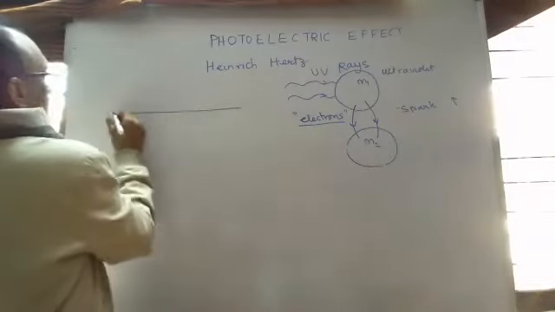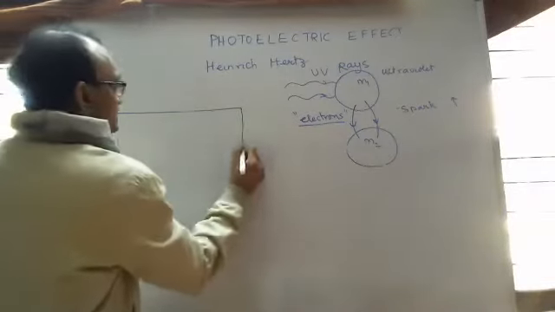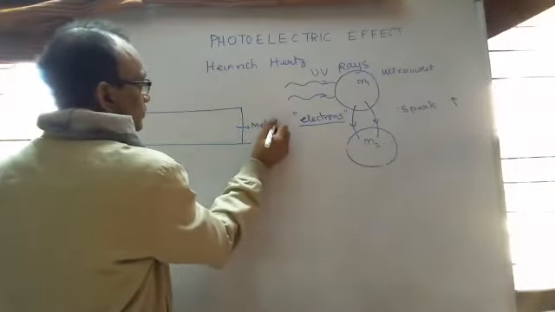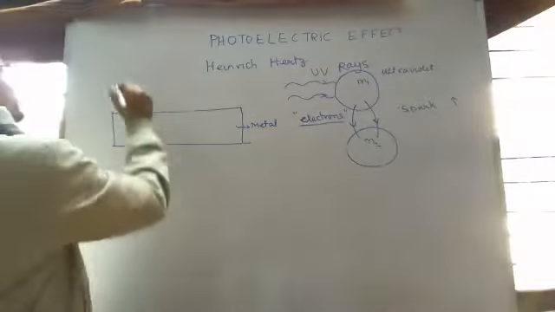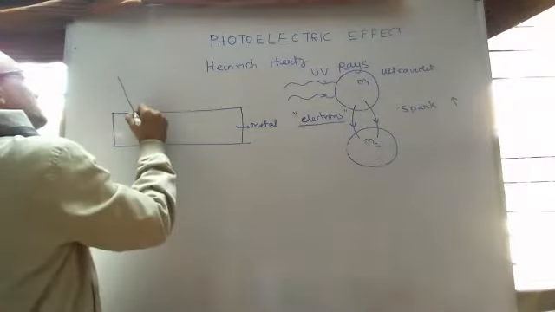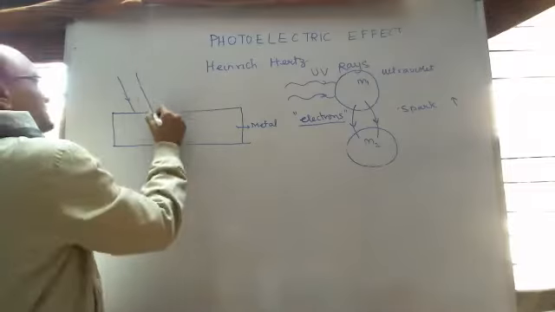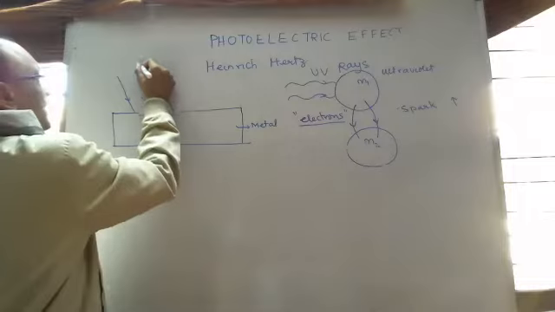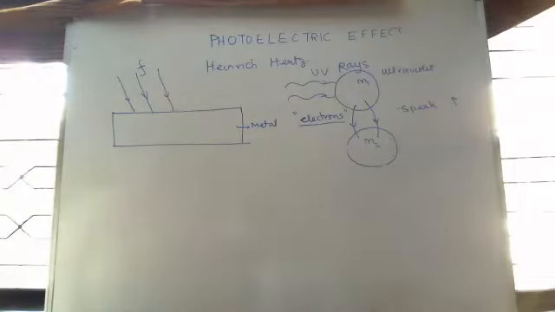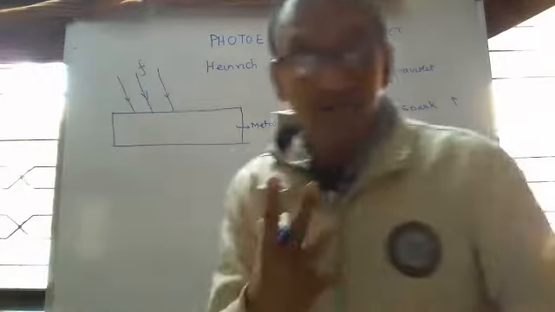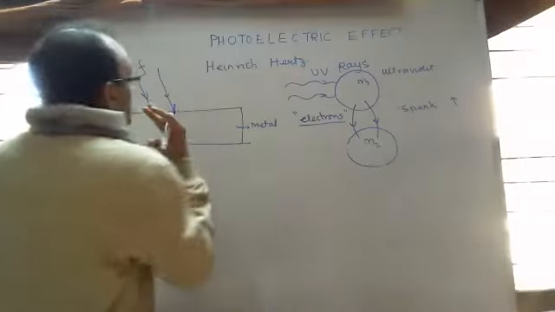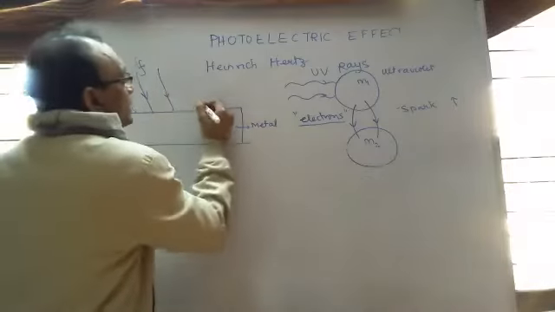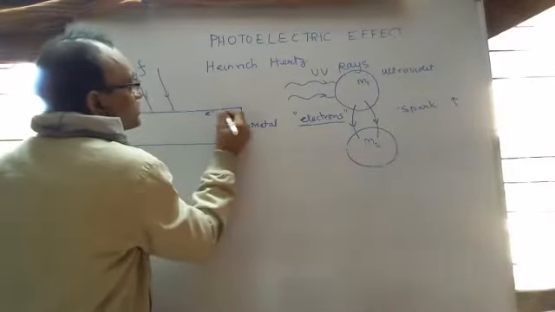the following. If there is a metallic surface, if this is a metal, and if there is a radiation of a certain frequency, electromagnetic radiation of a certain frequency, f, then what happens is, under certain conditions, one might observe liberation of electrons from the surface.